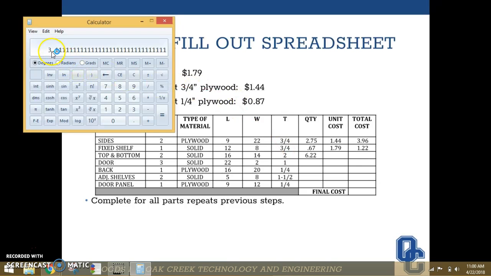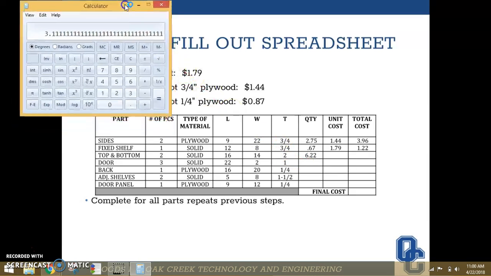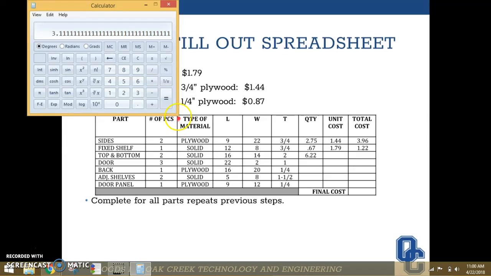Well, wait a second. That number doesn't look like that number, does it? Can anybody tell me why? Exactly. If you look over here at our number of pieces, you'll notice that we actually have 2 of them. So whenever we come up with this total of this number times this number divided by 144, we also have to multiply it by how many pieces we have over here.